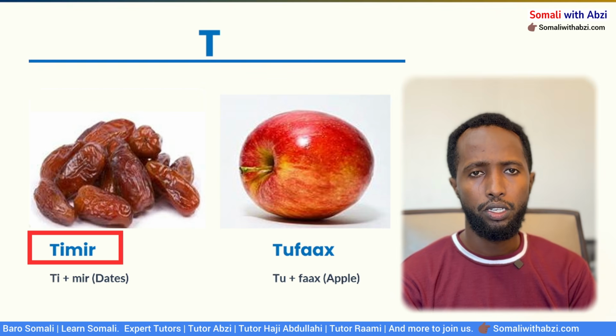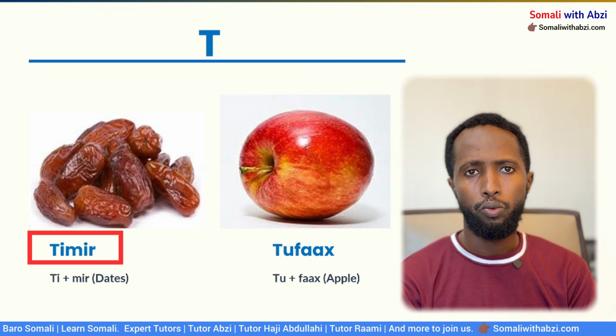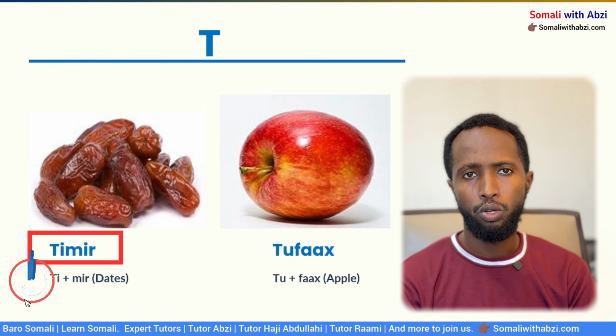And we have got timir. Timir, which means date. This word we borrowed from the Arabic word tamr. In Somali, we have a lot of words that originally come from Arabic because of the Islamic culture and religion.